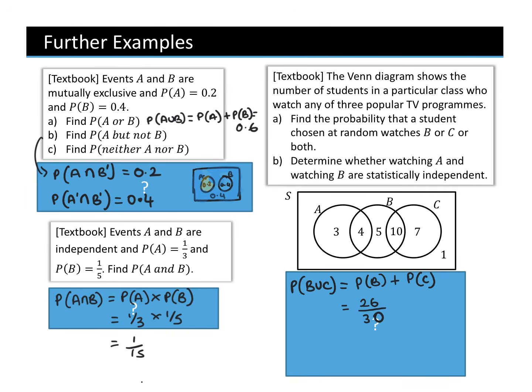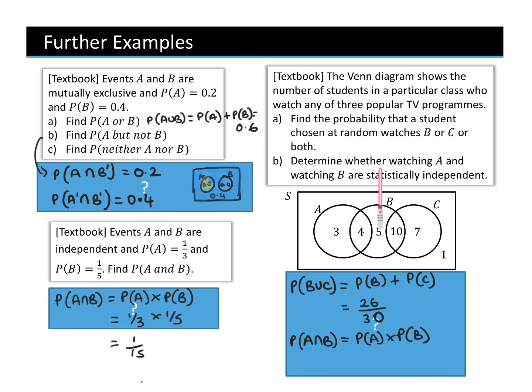It then says, determine whether watching A and watching B are statistically independent. Okay, what do we know about independent? We know the probability of A intersection B equals the probability of A multiplied by the probability of B. This is for independent events.